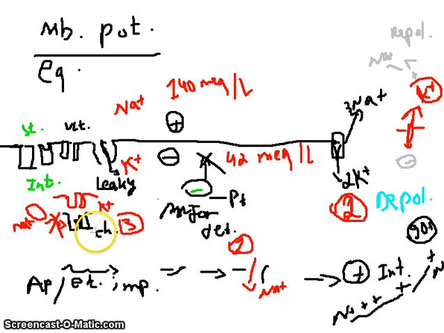The last concept that we're going to be discussing today is hyperpolarization. What is hyperpolarization? As the cell loses more and more potassium ions going out, the cell becomes more negative.